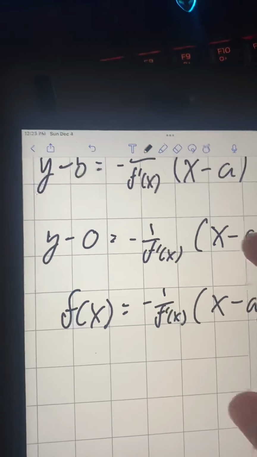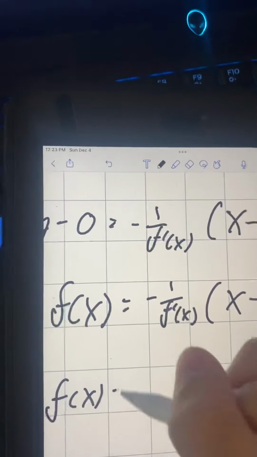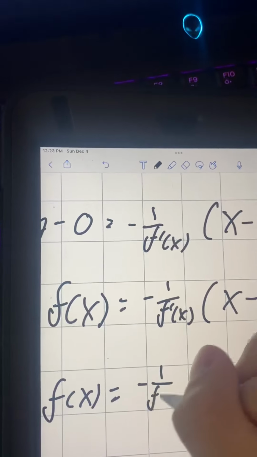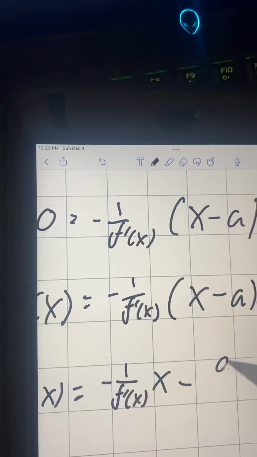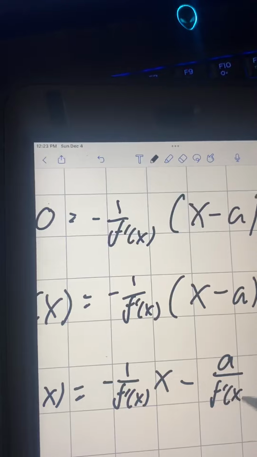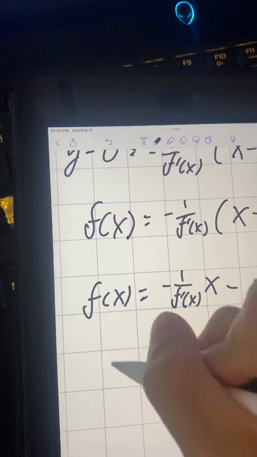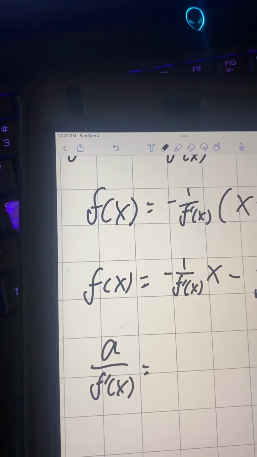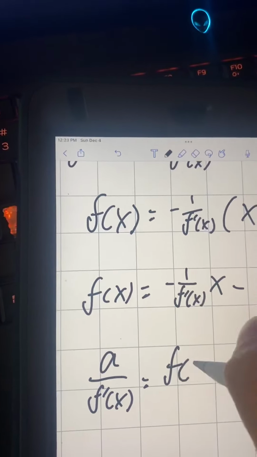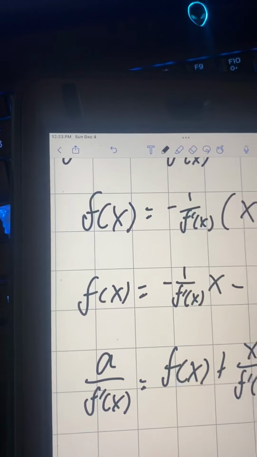So what you'll do is you can distribute that slope, right? F of x is equal to -1 over f prime of x times x minus a over f prime of x. I'm just distributing here. And you'll get a over f prime of x is equivalent to f of x plus x over f prime of x.